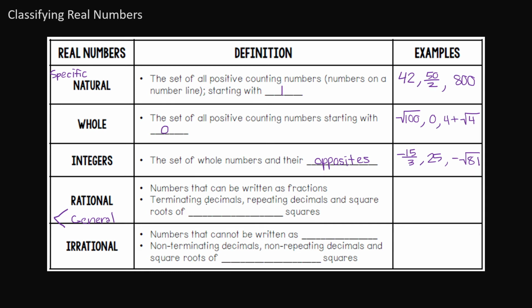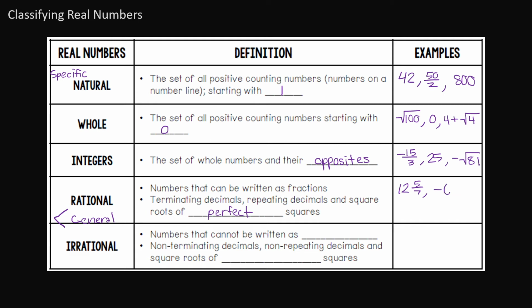Now let's review rational and irrational numbers quickly here. Rational numbers are numbers that can be written as fractions. They include terminating decimals, repeating decimals, and square roots of perfect squares. Just some examples of these include mixed numbers like 12 and 5/7.